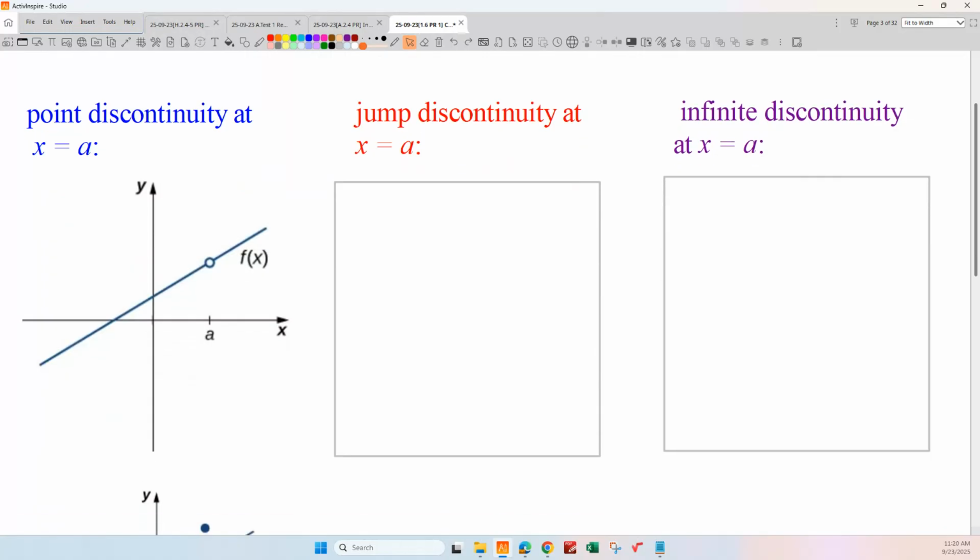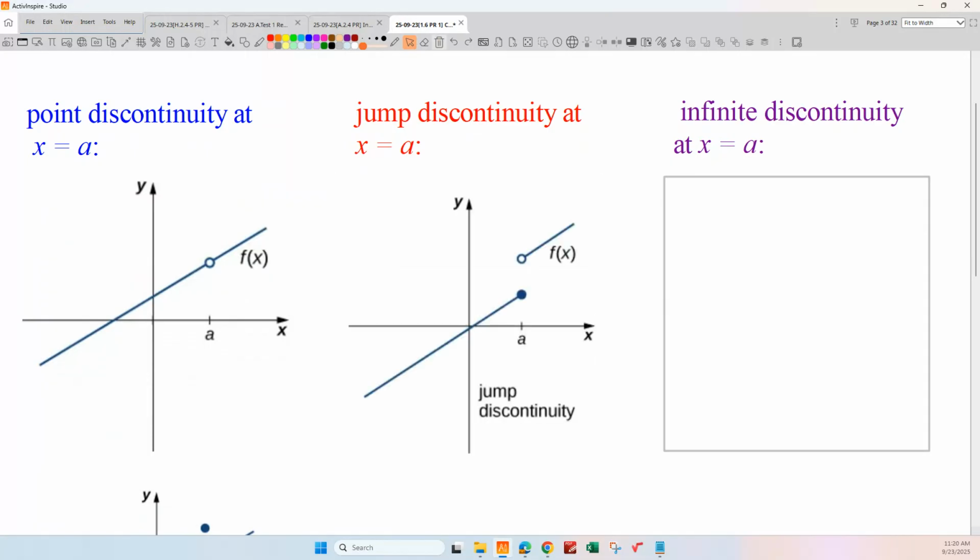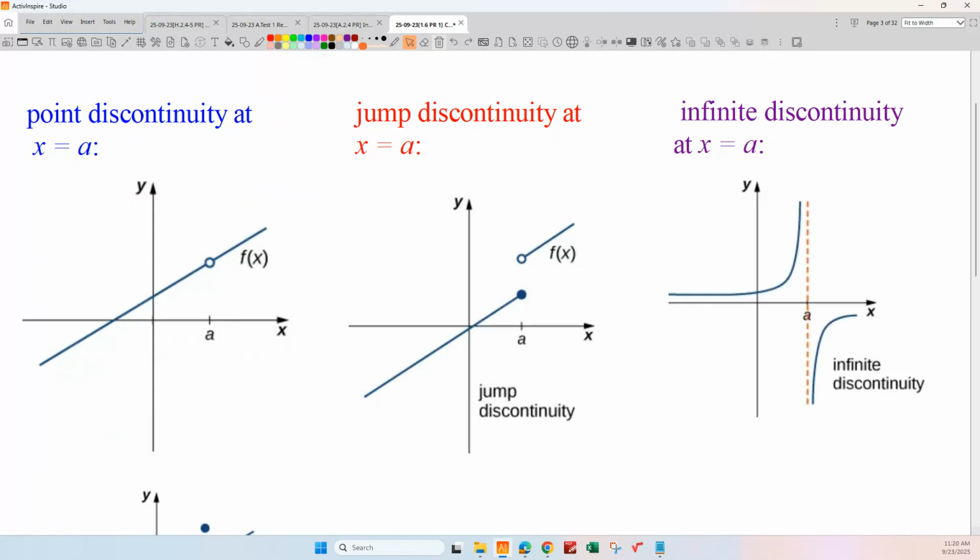The limits don't align, right? Limit from the left and limit from the right are misaligned. And an infinite discontinuity is going to be a vertical asymptote, right? There could be several different possible things. They could both go the same direction from both sides, or they could diverge and go different directions. If I have an asymptote, it's an infinite discontinuity.